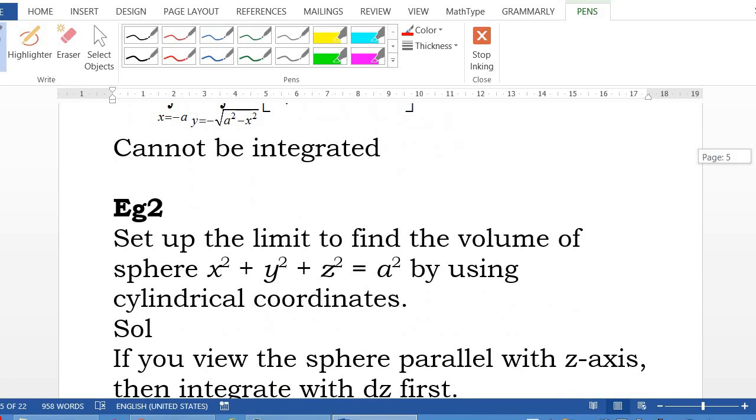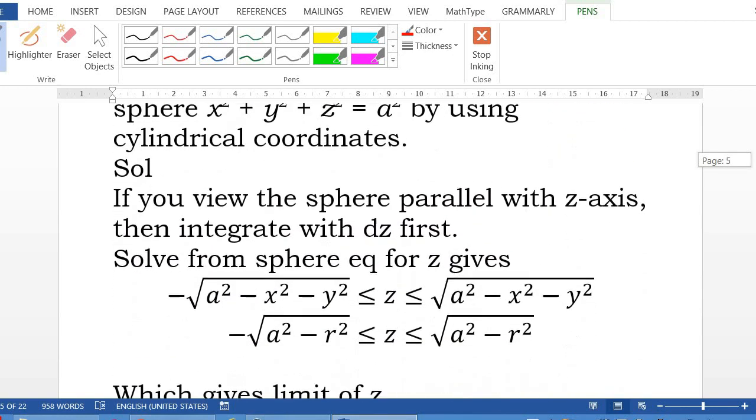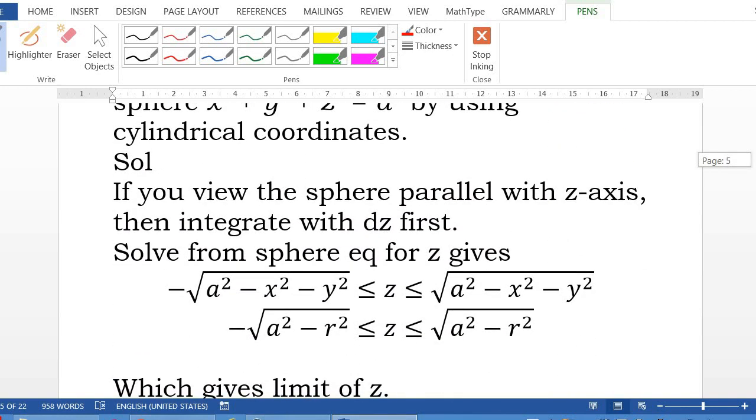Hence example 2, the same problem: find the volume of a sphere x squared plus y squared plus z squared equals a squared, but this time we use spherical coordinates, because if we use Cartesian coordinates, we face difficulty and cannot integrate. So the same thing, we use the volume dV as dz dy dx.